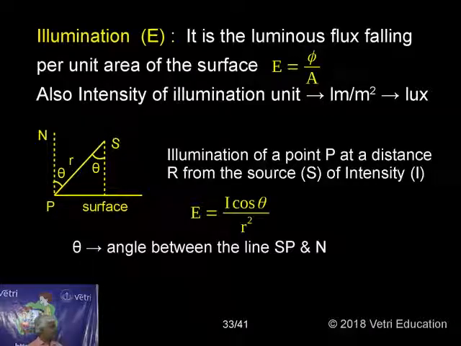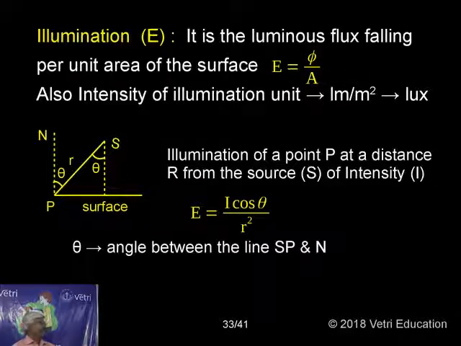If I take a normal line on the surface at point P, the illumination at a point P at a distance R from the source S of intensity I is E is equal to I cos theta by R square.